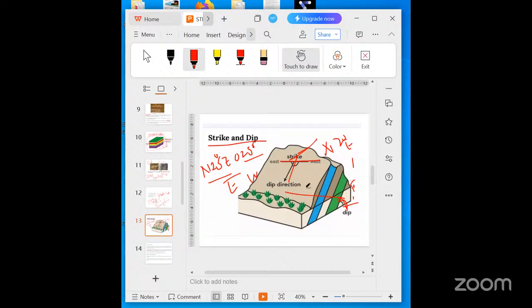On the map, the symbol is a short line attached at a right angle to the strike symbol, pointing in the direction where the planar surface is dipping down, right? So the strike line and the dip of a plane describe the attitude relative to a horizontal plane and a vertical plane, perpendicular to the strike line, right?